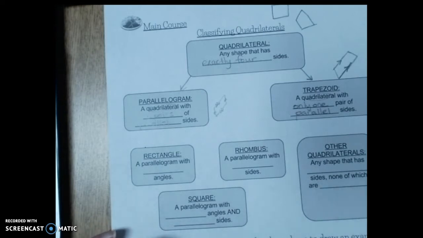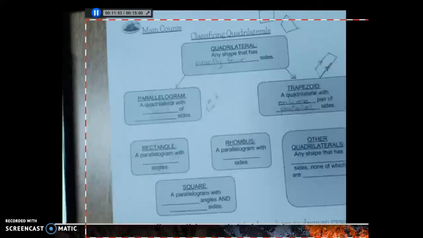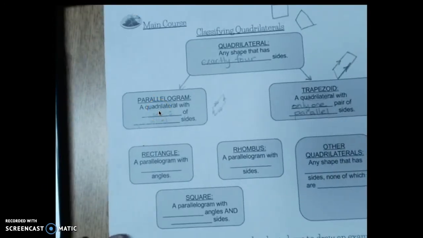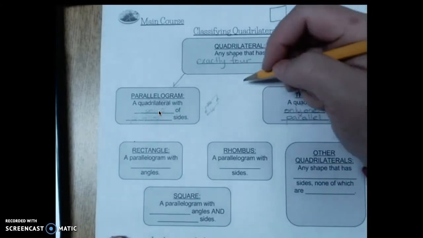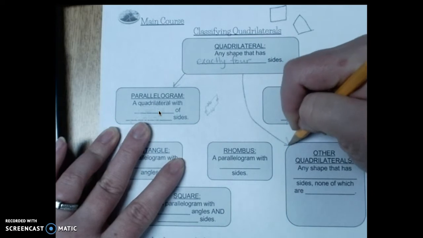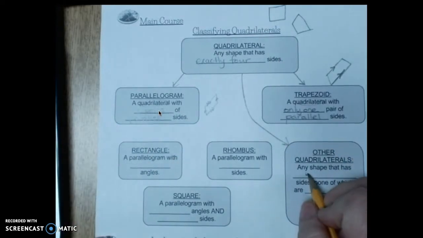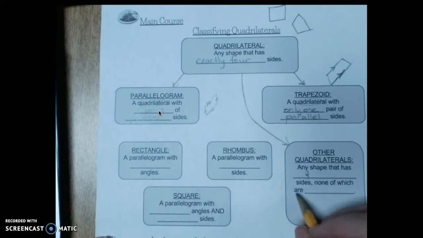The next thing that we should probably talk about really quickly is that there can be other quadrilaterals that still have four sides. I'm going to draw a line down to this one. It's any shape that has exactly four sides, none of which are parallel.